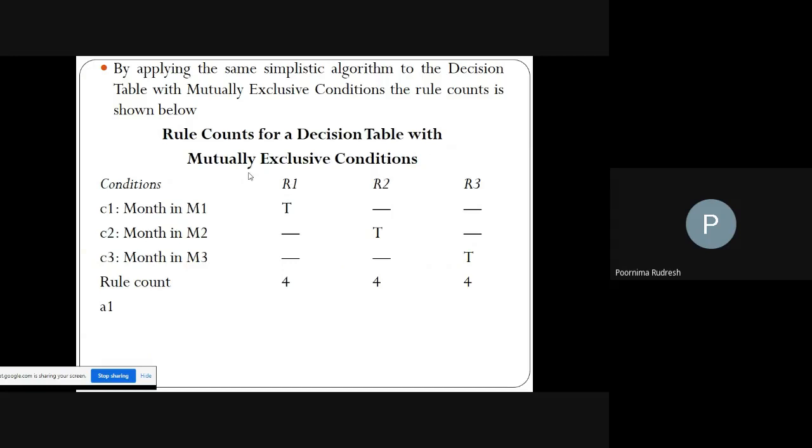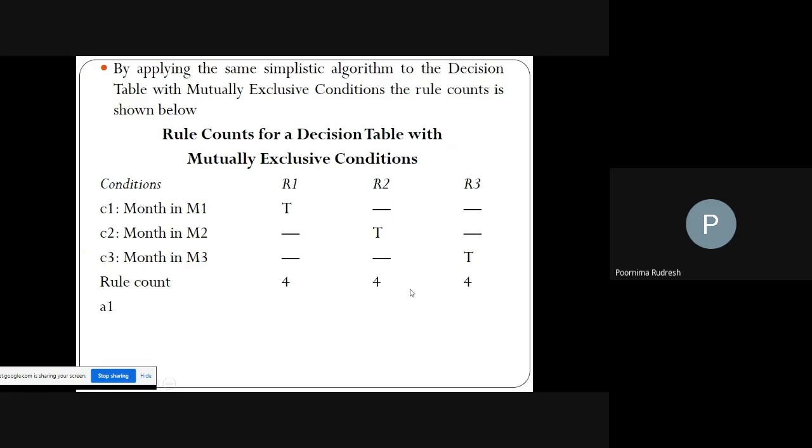So when we are constructing the decision table by applying the simplistic algorithm to the decision table with mutually exclusive conditions, the rule count is given. For this we have rule count 4, and for this also rule count 4, and for this also rule count 4.